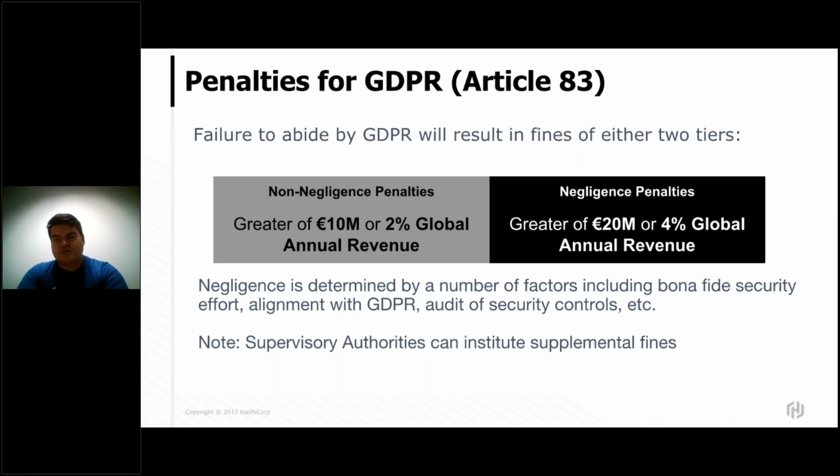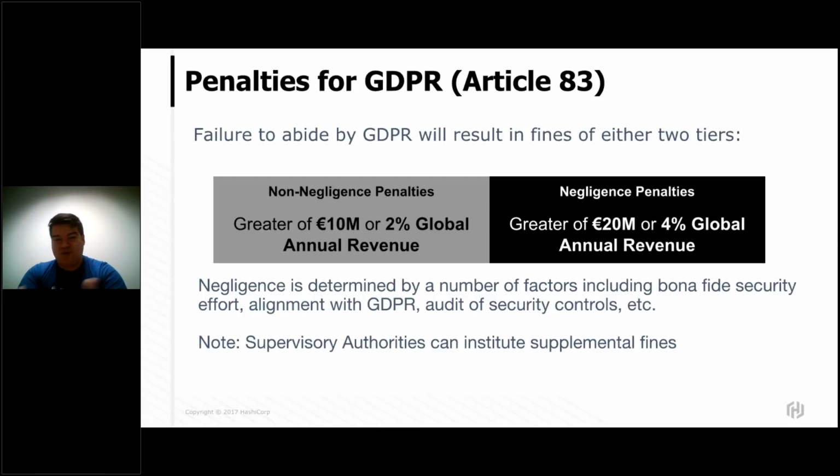But even for smaller organizations, perhaps especially for smaller organizations, a 4% global annual revenue penalty is significant and potentially crippling, depending upon the economics of your business. It's also critical to note that this is for every time non-compliance is found.